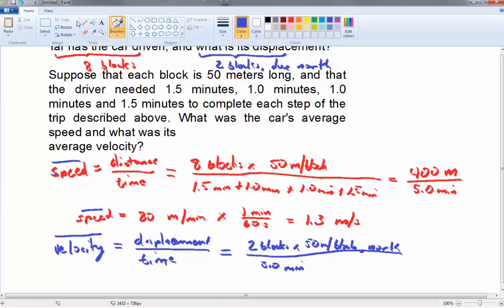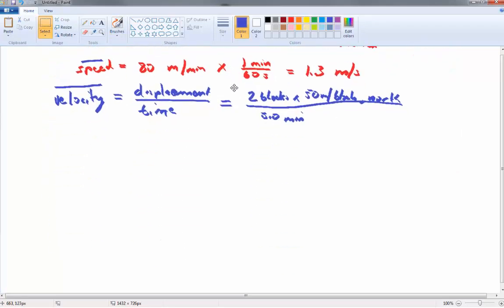So you know that 2 times 50 is 100. So you would have 100 meters per 5 minutes, which is also the same thing as 20 meters per minute.